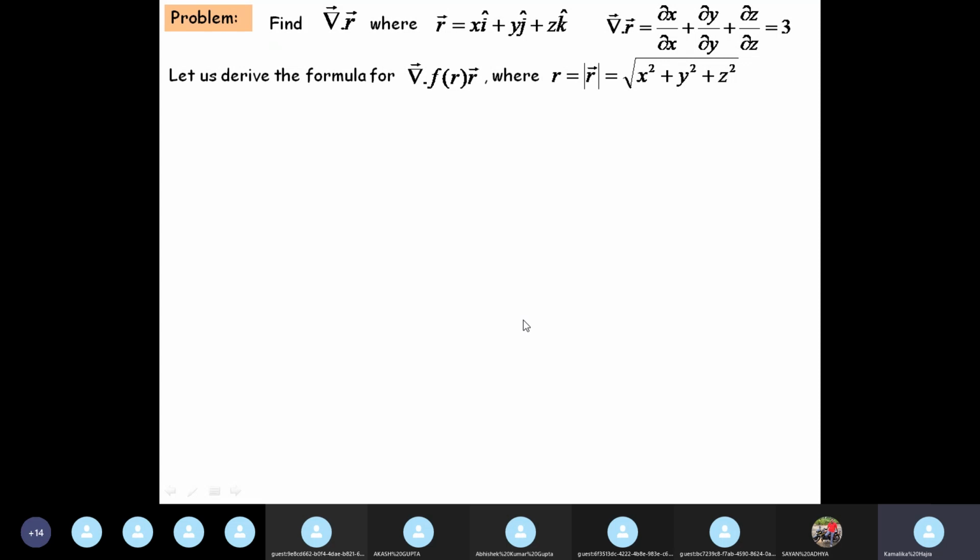And the same advice goes as I told you in the last class: if such a problem is given, you first have to check the marks allotted. If the marks is about 2, 2.5 maybe, then you directly use the formula. If the marks is more than that, then you derive.